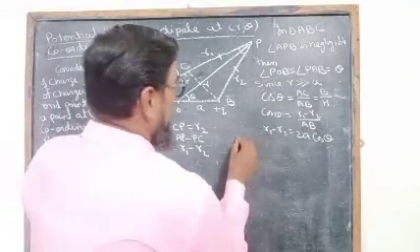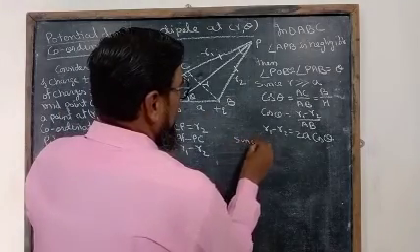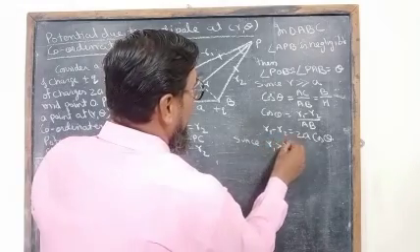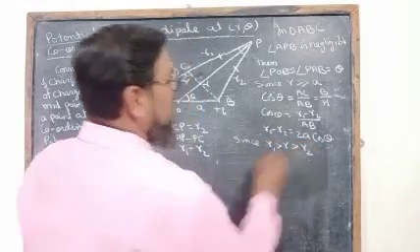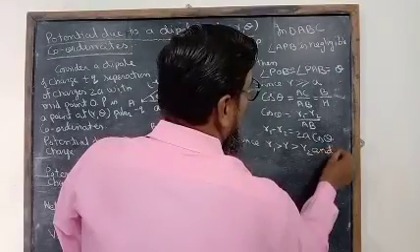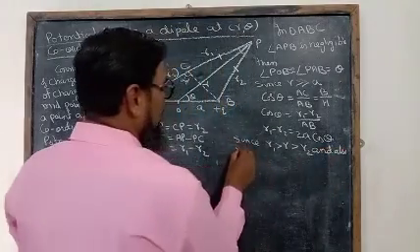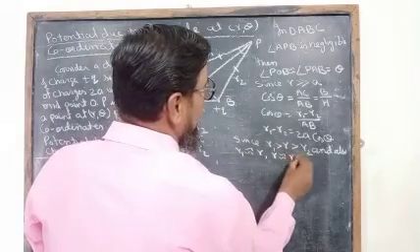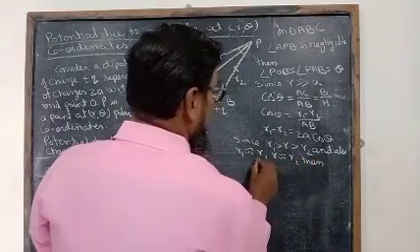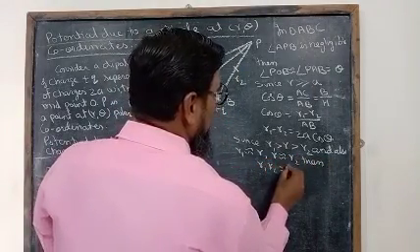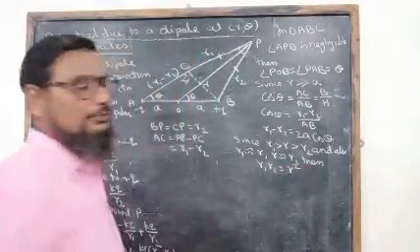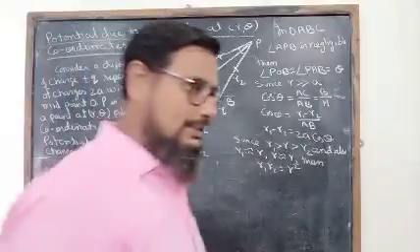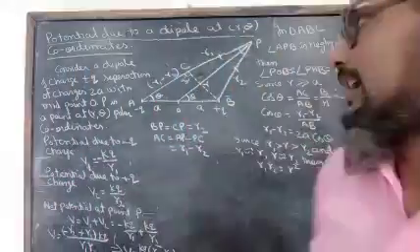Now, since R1 is greater than R and R is greater than R2, and also R1 is nearly equal to R and R is nearly equal to R2, then R1 R2 will be equal to R square. We can understand this fact from an example.